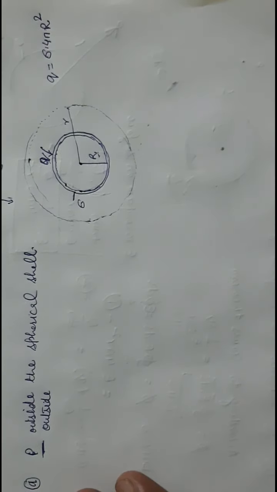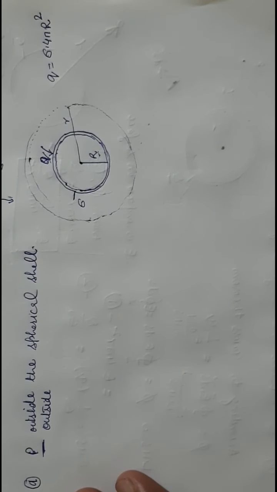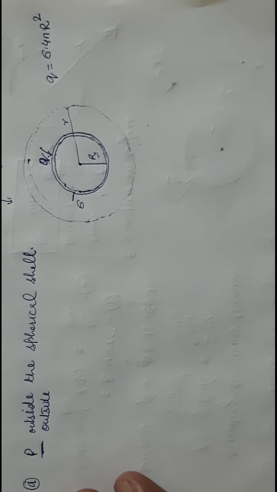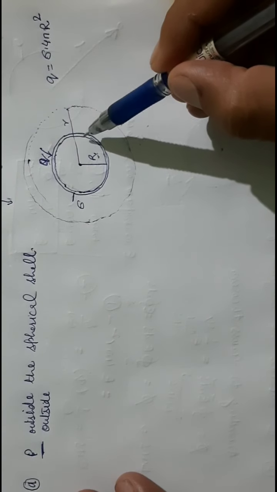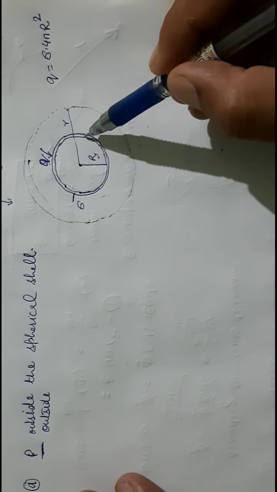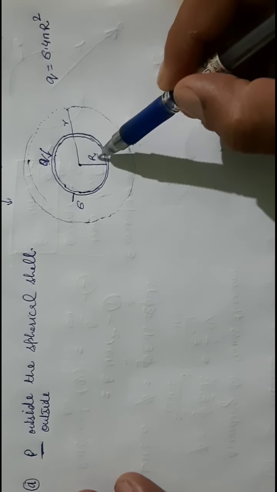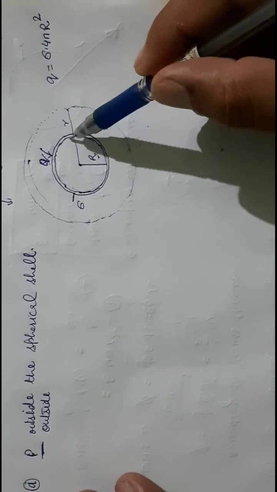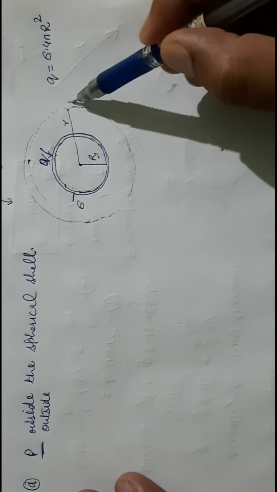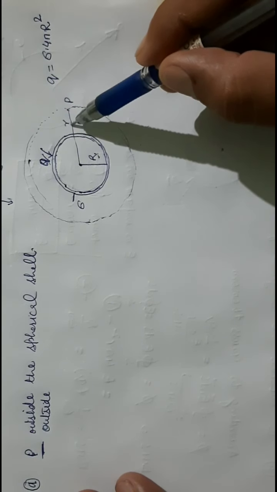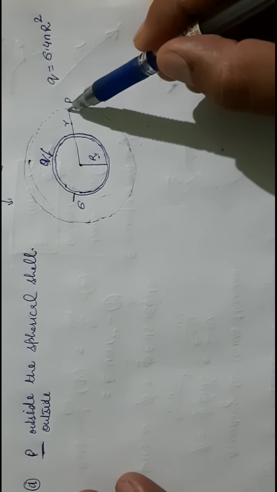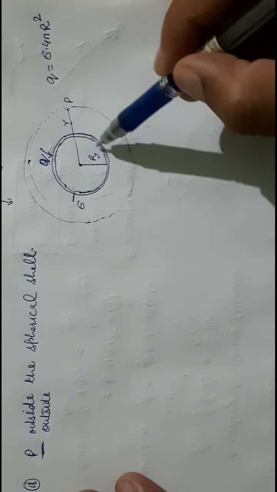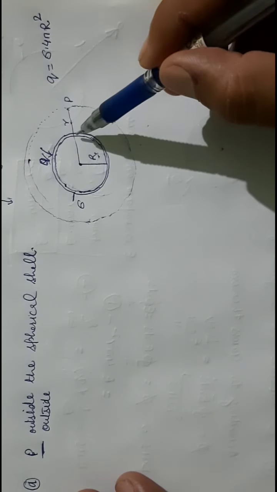Now the first case, that is point P outside the spherical shell. Here I have chosen a spherical shell whose thickness is negligible. Let capital R be the radius of this spherical shell. Here P is a point outside, at a distance r, where we want to calculate the electric field because of this charged spherical shell.